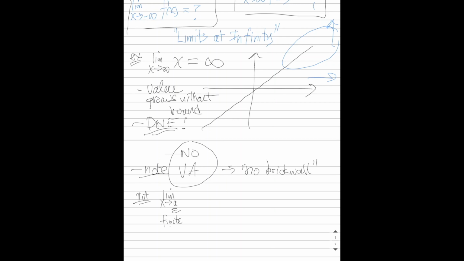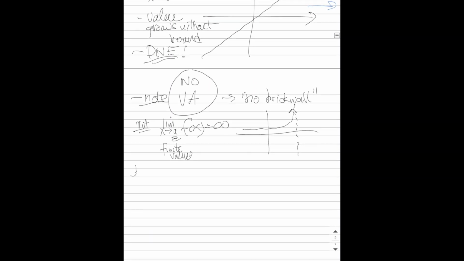That means you can get closer to it. And if you have that situation where you can get closer and the function just goes up, up, up, then you've got a vertical asymptote. But here, we don't get closer to any location. And that means we don't have the brick wall. And so there is no vertical asymptote.